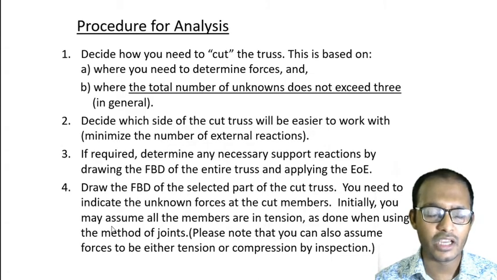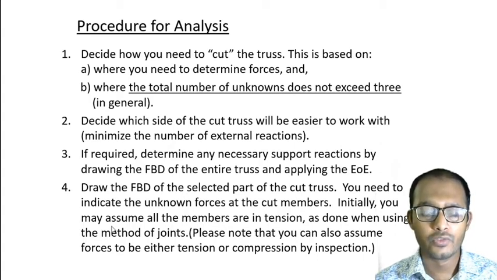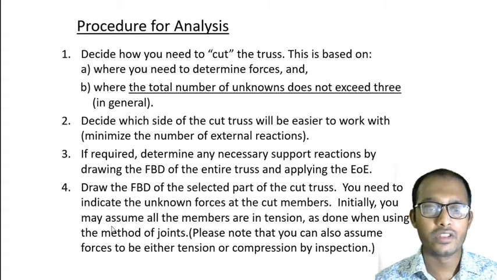As I mentioned earlier, if you assume all the members either in tension or in compression, there is no wrong or right assumption here. When you get the results, you will know whether your assumption was correct or not. So you are free to assume, no problem.